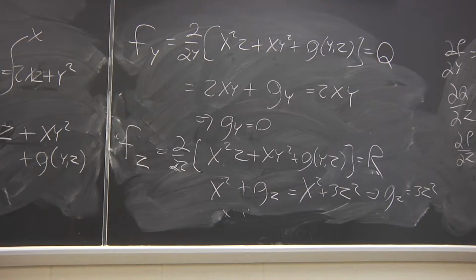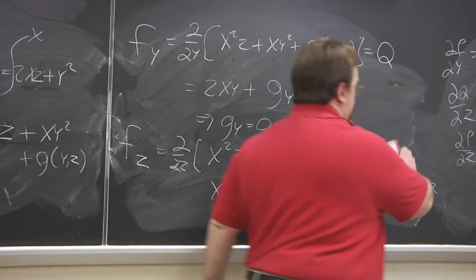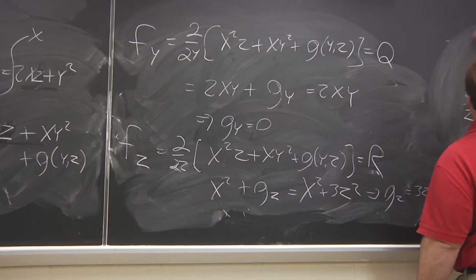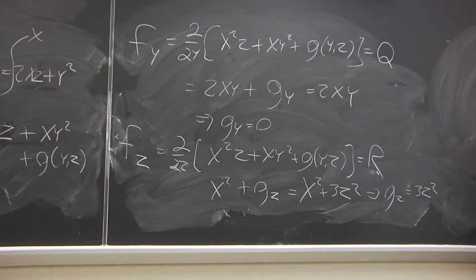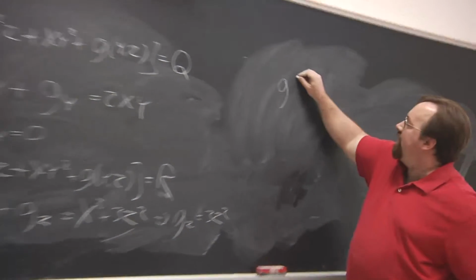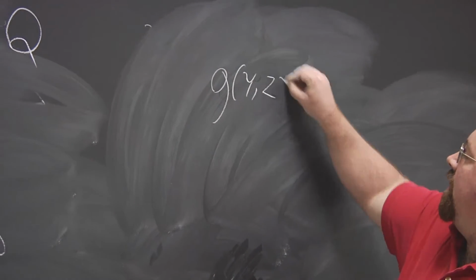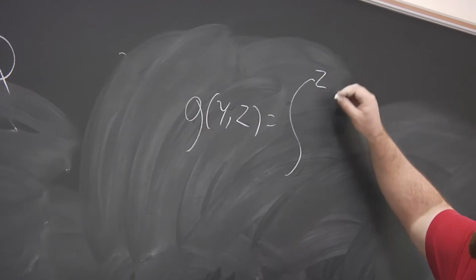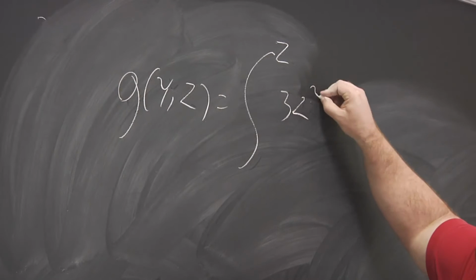So with that in mind, what does g have to be? Just take the integral of that. Yeah, so g_z is 3z squared, so g of yz is going to be the antiderivative with respect to z of 3z squared.